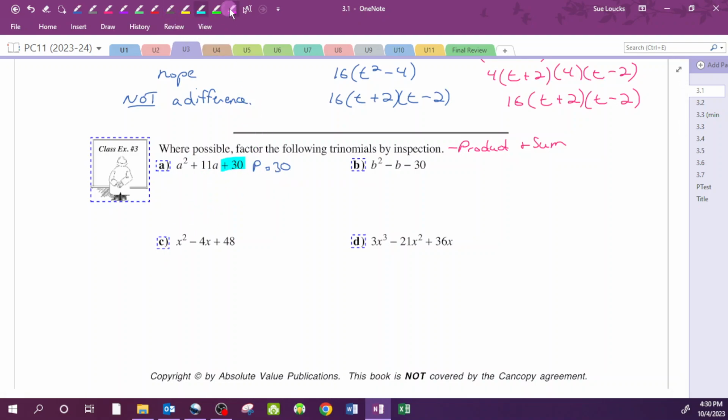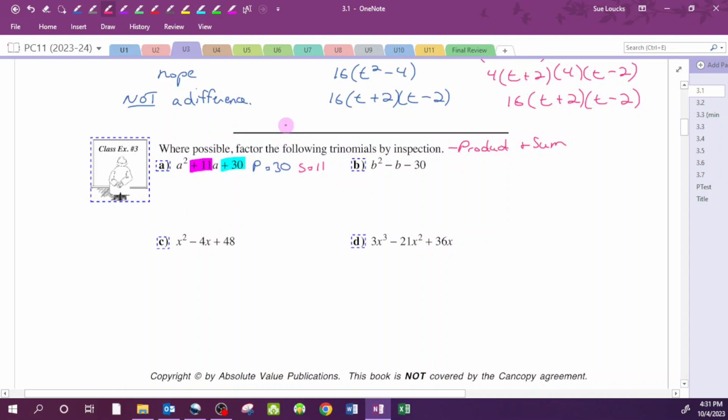And the sum is the coefficient of the term with the a, not the a squared term, just the single factor term. So my sum in this case is plus 11, and I just write 11.